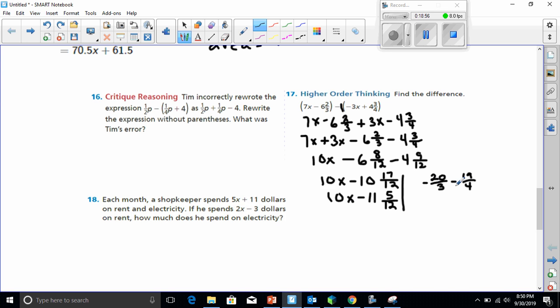Once again, I would have had to multiply by 4 to get the common denominator, so this would have been negative 80 over 12.